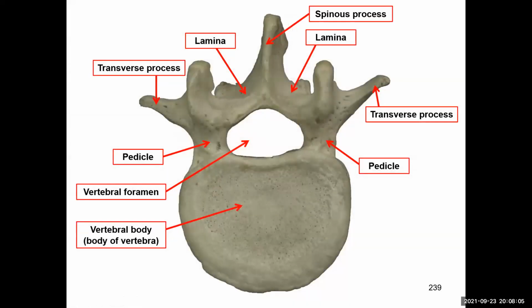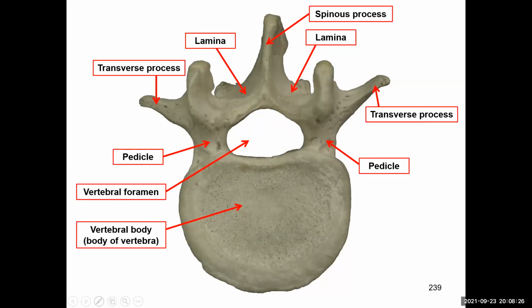Okay, so this is a lumbar vertebrae. So you can see here's the vertebral body. The lumbar vertebrae is a big fat vertebral body. Okay, so we know the vertebral body. And then you got the hole behind it. That's the vertebral foramen.